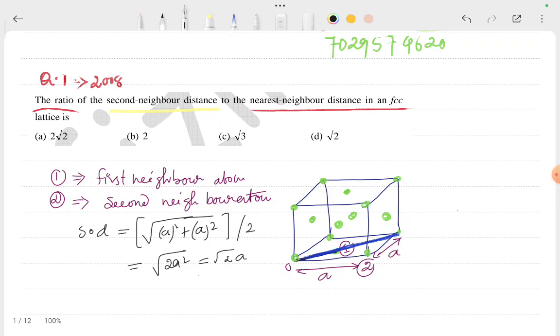Divided by 2, the answer is a upon root 2.